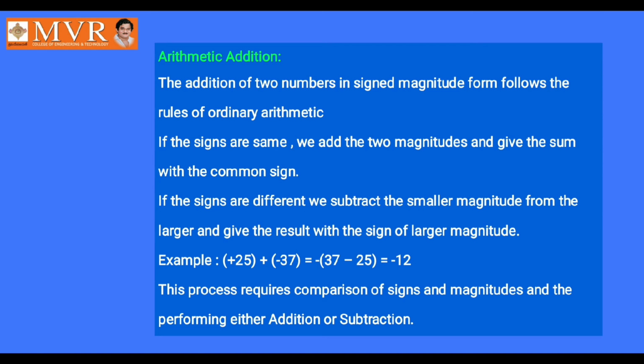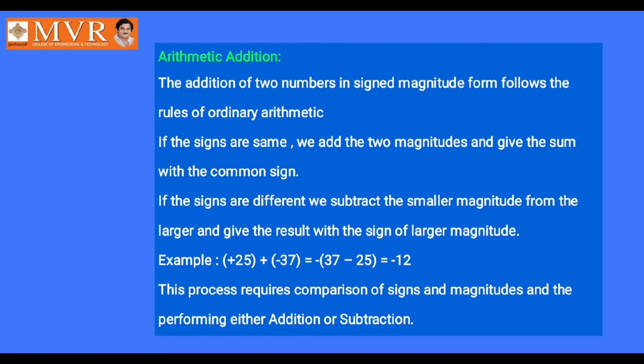When you perform this addition, the larger magnitude is 37, the smaller magnitude is 25. So you subtract the smaller magnitude from the larger one. 37 minus 25, the result is 12, and you have to put the sign of the larger magnitude. The sign of the larger magnitude is minus, that's why you will get minus 12.